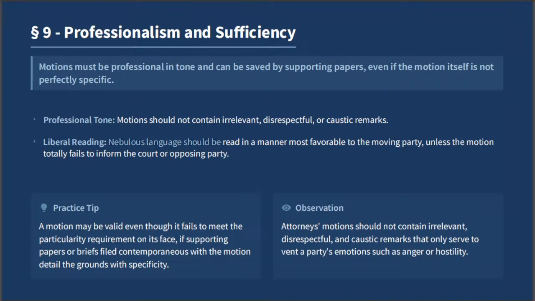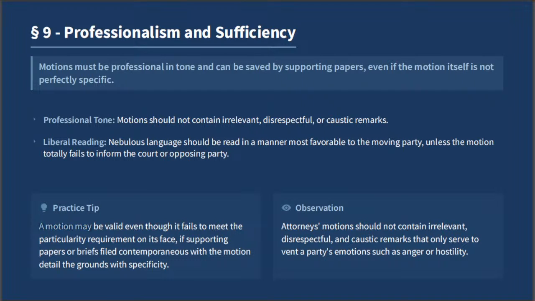Nebulous language should be read in a manner most favorable to the moving party. So nebulous is like in the clouds. It should be read in a manner most favorable to the moving party, the party filing the motion, unless the motion totally fails to inform the court or opposing party. So nebulous language, as long as there's some substance to it, I guess, should be read in a manner most favorable to the moving party.